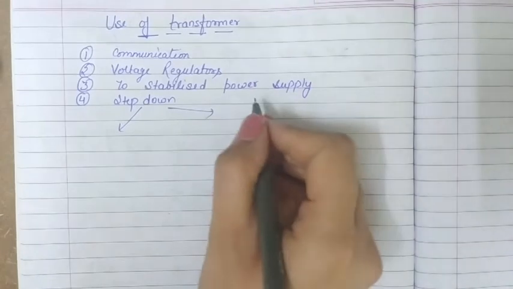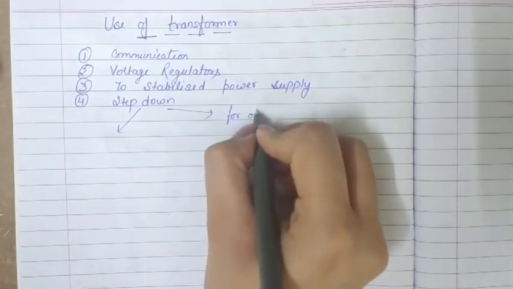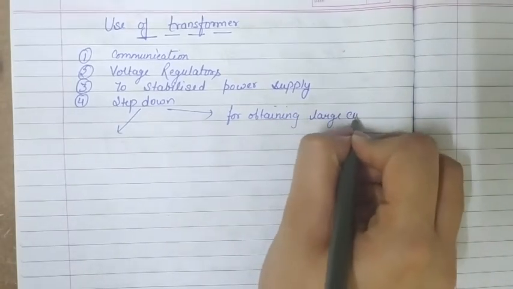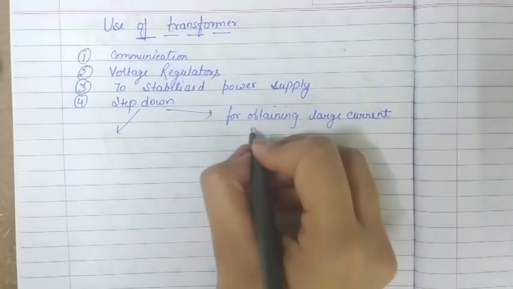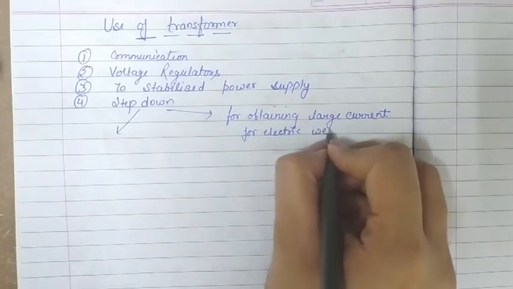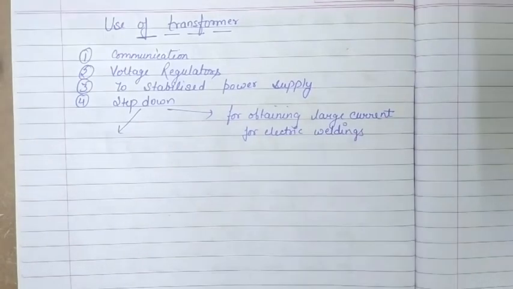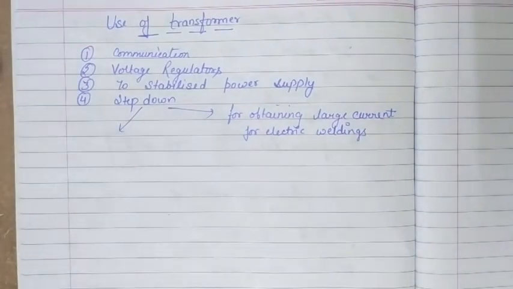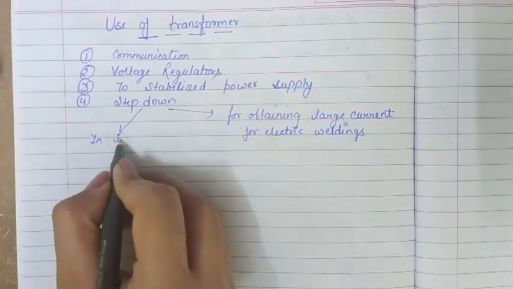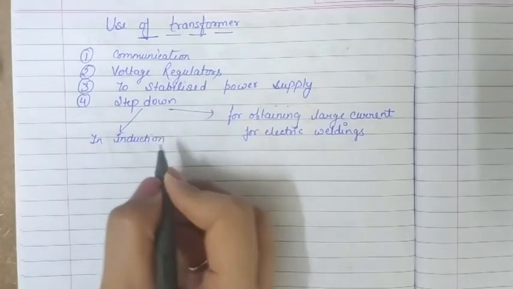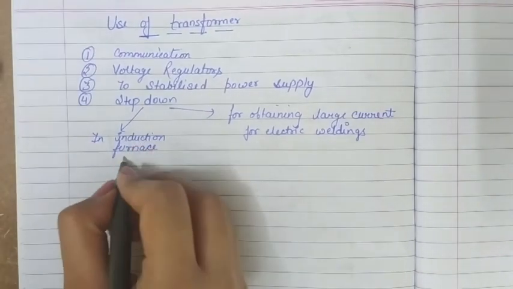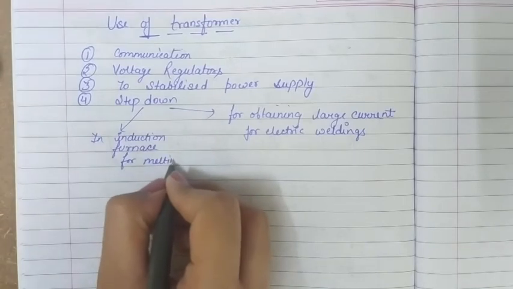The first is for obtaining large current for electric welding. Right, for the electric welding that we do, we need a step down transformer. And the second is it is used in induction furnace, basically because of the large current it produces heat in the induction furnace for melting metals.